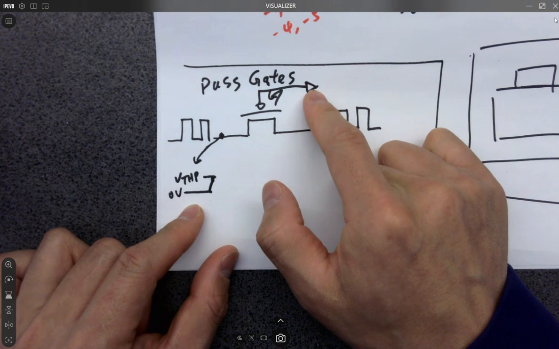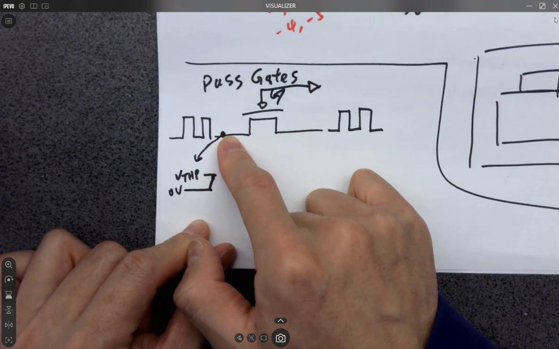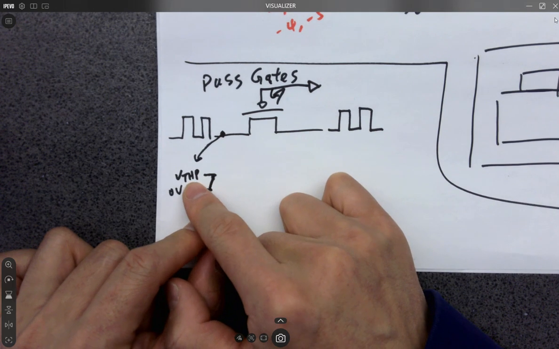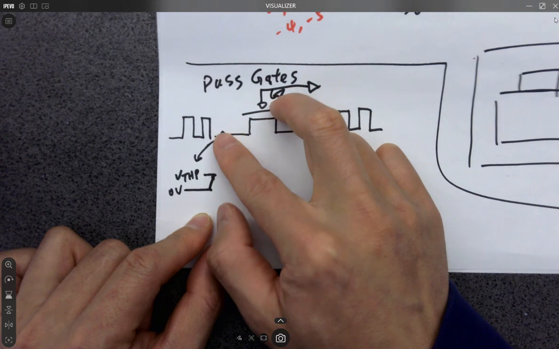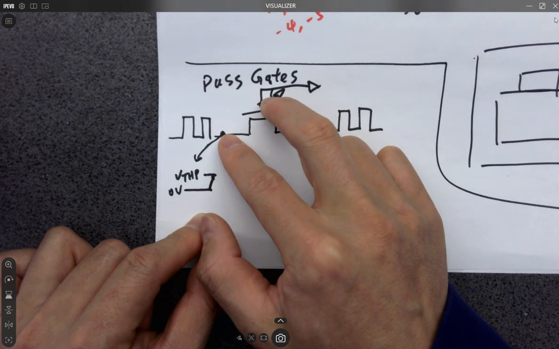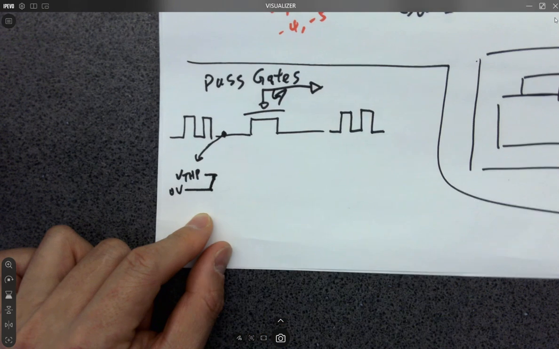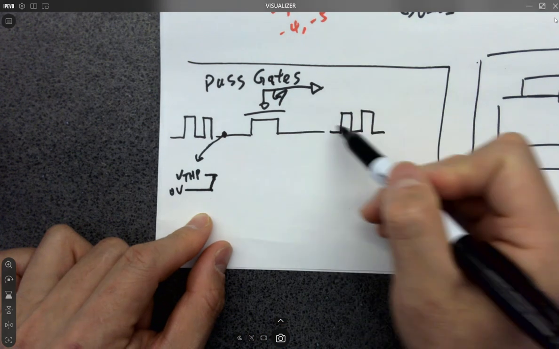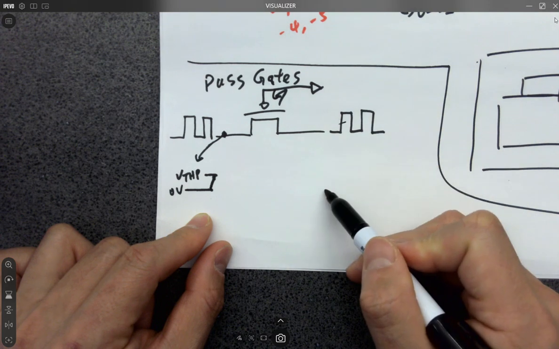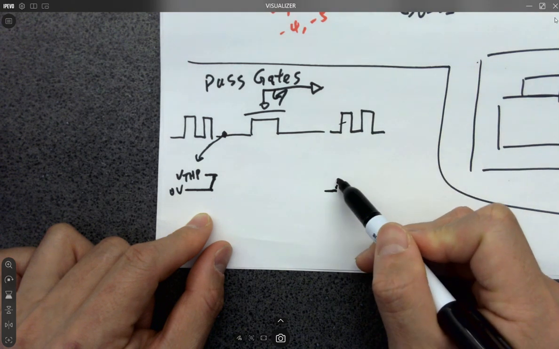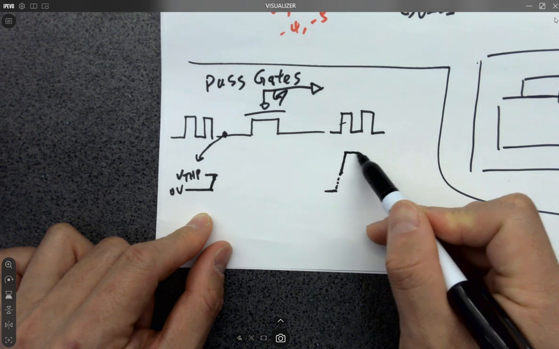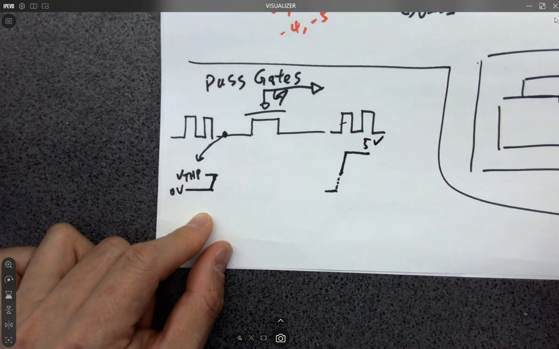So whenever this terminal's voltage equals VTHP, you are getting a VSG of VTHP, and it turns on, and that voltage starts reaching this terminal, starting from here until it reaches 5 volts without any problems.